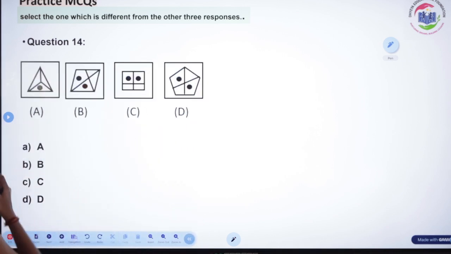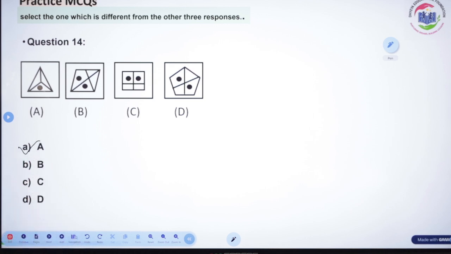Let's discuss the next MCQ. Find the odd one out from this. Option A, B, C or D. Option A is the correct option.